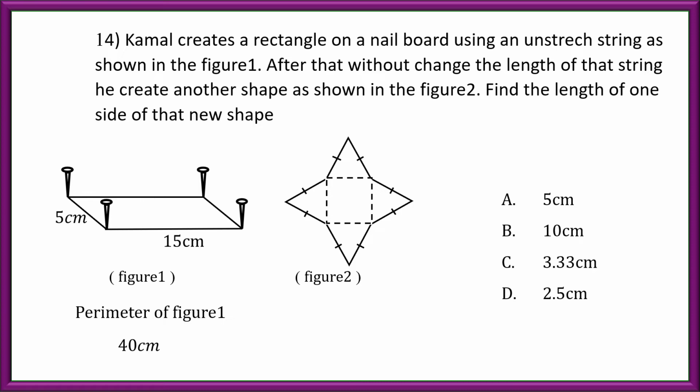Therefore, this perimeter, that is 40 centimeters, you have to divide by the number of line segments, that is 8. Then let's divide 40 by 8. Then the answer is 5 centimeters. That is the length of one side of that new shape. Therefore, select A as the correct statement.